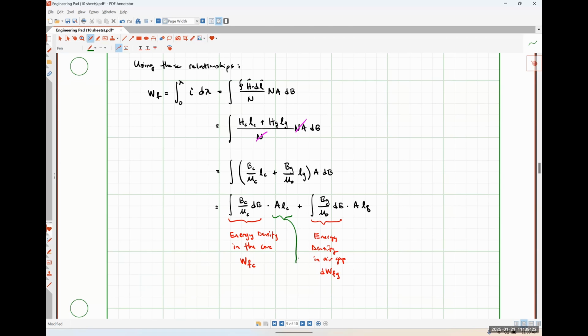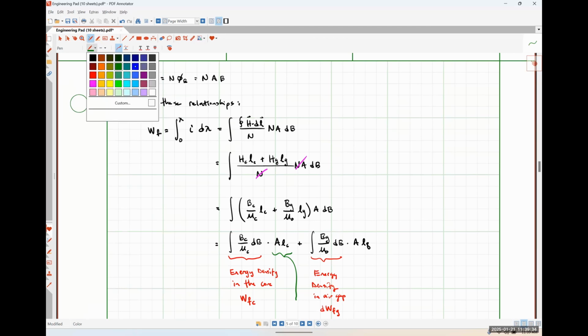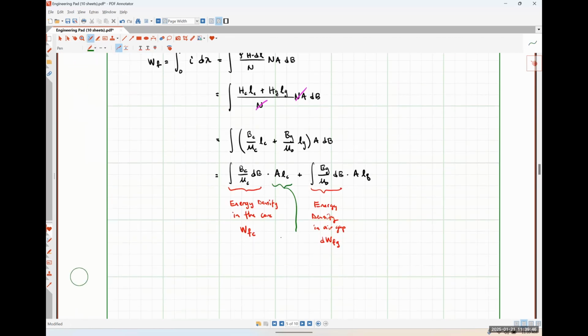What is this cross-sectional area times the length going to be? Just to help you out. Exactly right. That is just volume. So that's just the volume of the core. Let's call it VC. And then over here, we would have air gap volume, which we'll call VG.